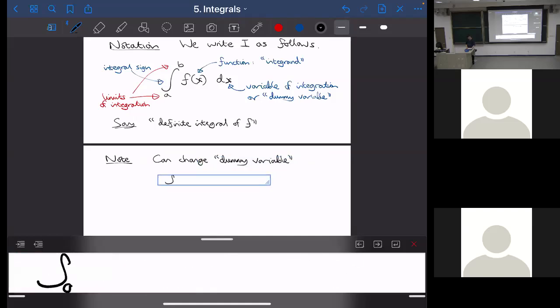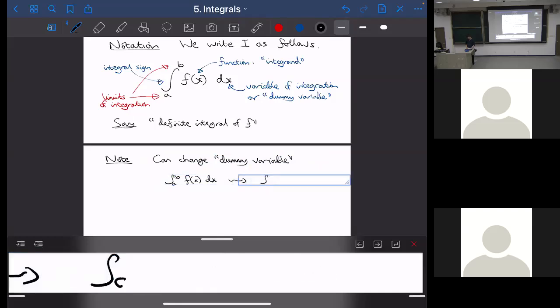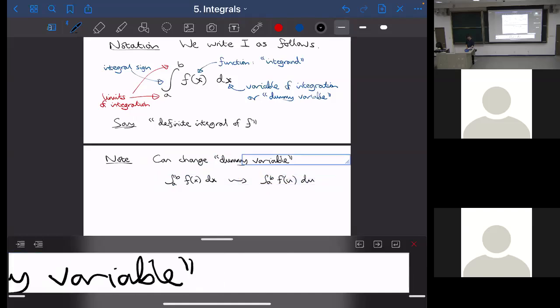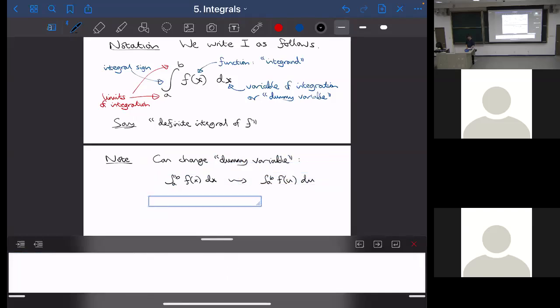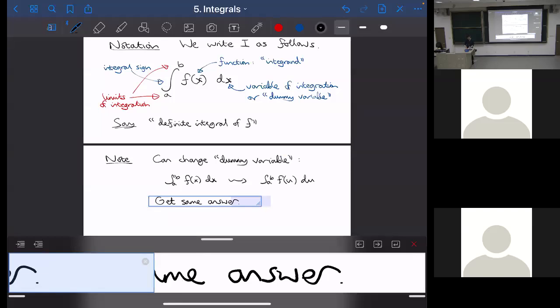If I have the integral of f(x) dx or the integral of f(u) du, we get the same answer, the same answer I. That's why we call it a dummy variable.